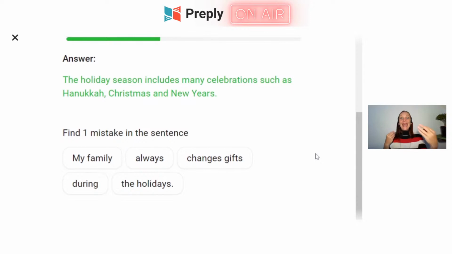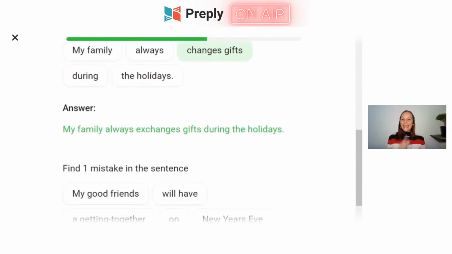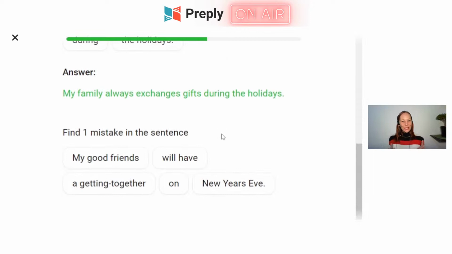Because when we exchange gifts, we give and receive. But if I were to change a gift, it would be because I don't like what I've been given and I want to take it back to the shop to swap it for something that I do like. So in this case, my family always exchanges gifts during the holidays.